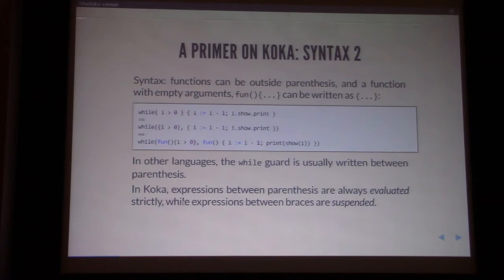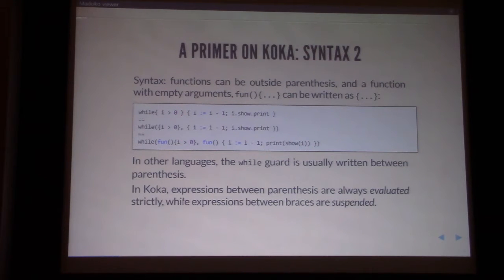And I think what a nice thing is, and it's very important, Koka makes a strong distinction between values and computations. So everything that's a value will not have an effect, and only functions compute and they can have an effect. And if you have something like a while loop, you can see that in contrast to other languages, usually these are, in while, these are like little parentheses.